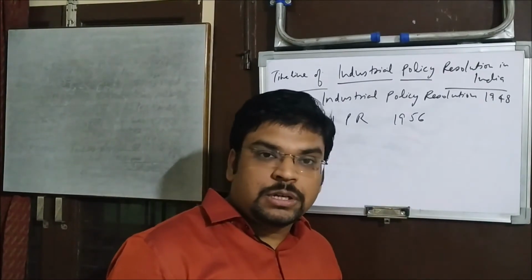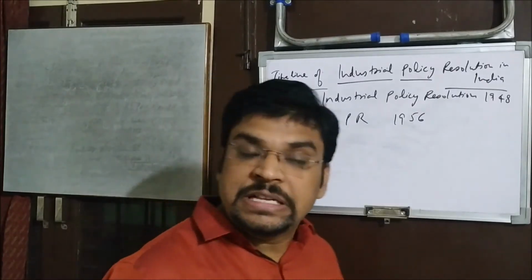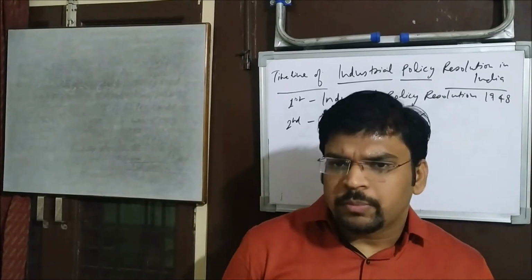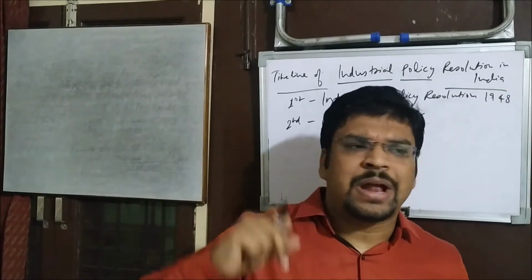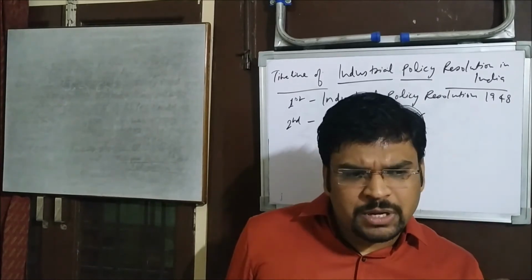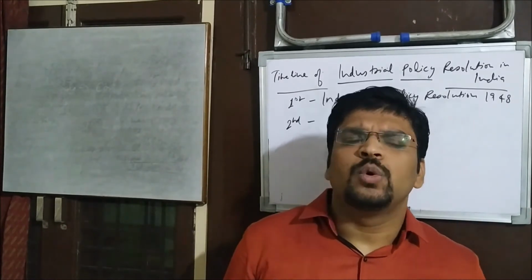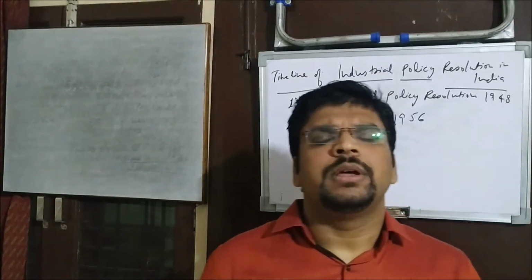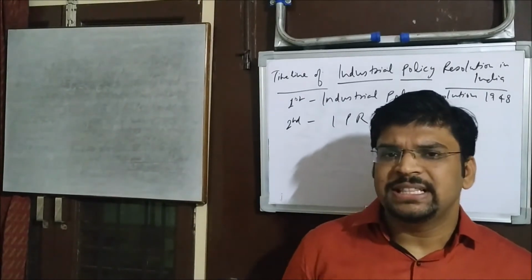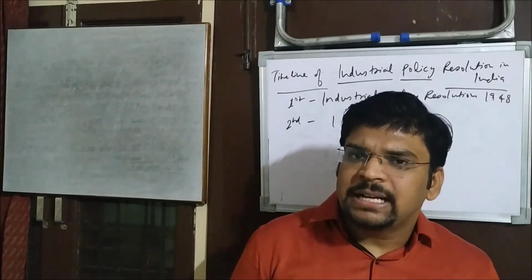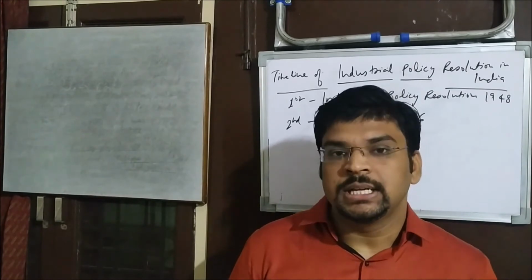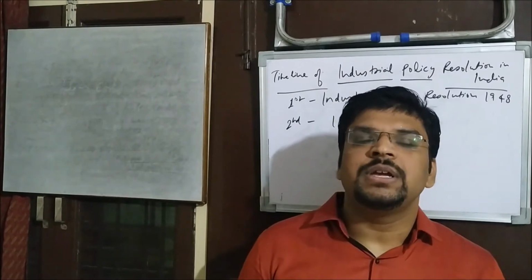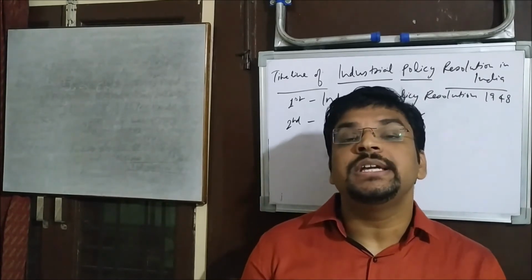Thereafter, as it was announced in 1956, it kept on going. Industries were functioning, the public sector was performing its role, the private sector was performing its role. Very minimal role was given to the private sector, and the entire role was there for the public sector. Later, when many more years passed, the government once again felt that they needed to make some more changes in their industrial policy, because the industrial development was not happening up to the mark which the country needed.